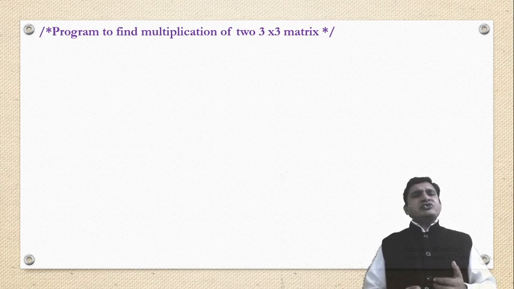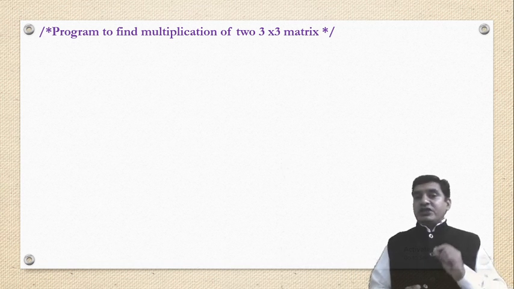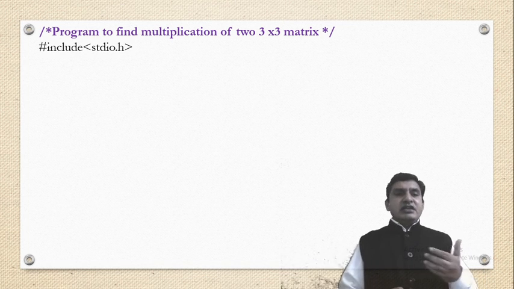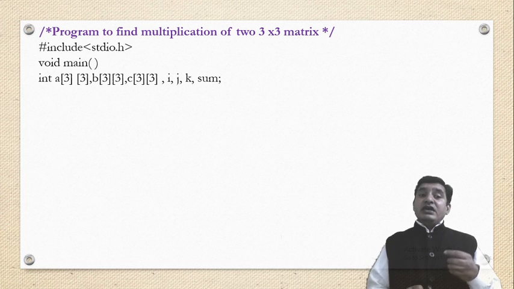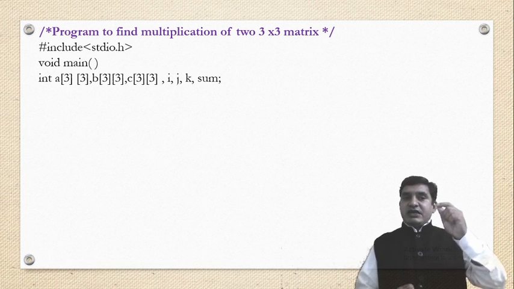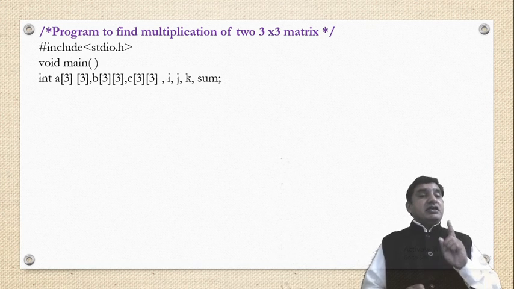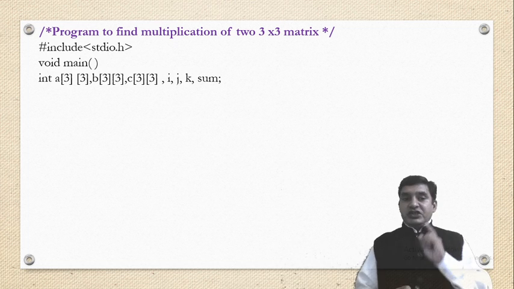Now we have to see the program to find the multiplication of 3 by 3 matrices. Hash include stdio.h, void main, then integer first matrix a[3][3], that is number of rows 3, number of columns 3.